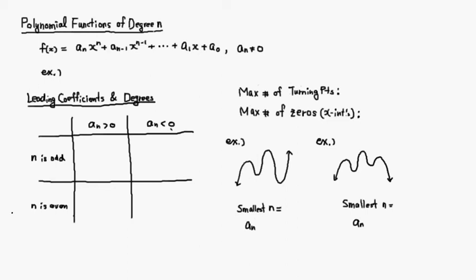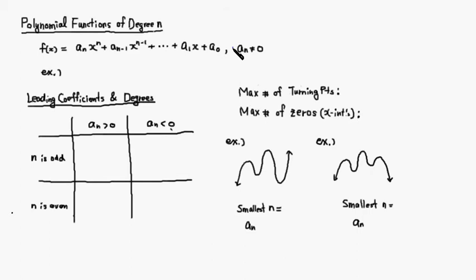Okay, let's look at the polynomial functions of degree n. The polynomial function is a function of this form: a_n x to the n, plus a_(n-1) x to the n minus 1, plus and so on, all the way up to a_1 x, plus a_0, which is just a constant term.